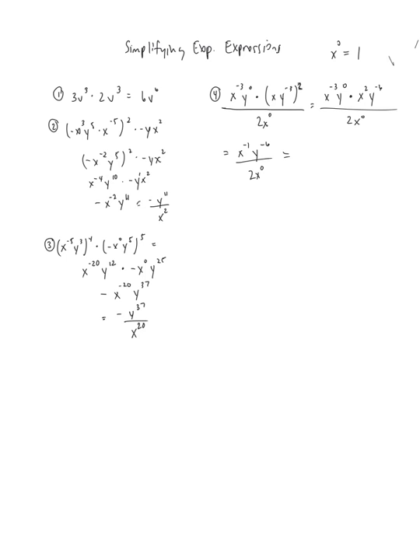Again, we remember that x to the 0 is just 1. Even if you're thinking combine it with your numerator x, it's not going to change the power. If we have the same base in the numerator and the denominator, we combine by subtracting. So negative 1 minus 0 would still be negative 1. So now I have x to the negative first, y to the negative sixth, all over 2.